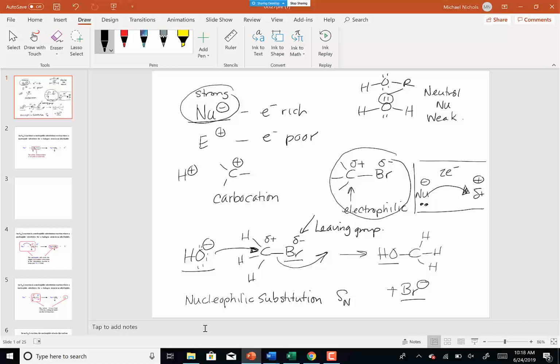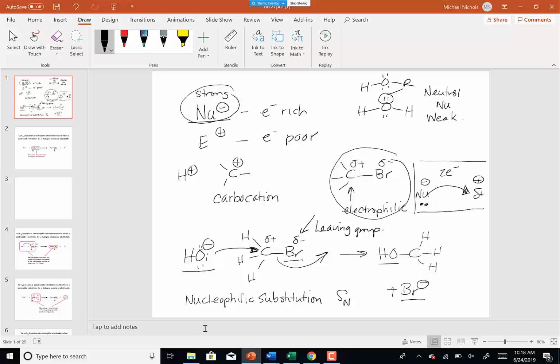So we're going to start with halogens as the leaving group. So the nucleophile is going to replace the leaving group. And then on the other side of the reaction, that leaving group then is a nucleophile.